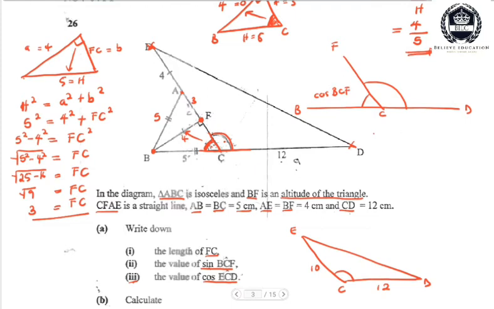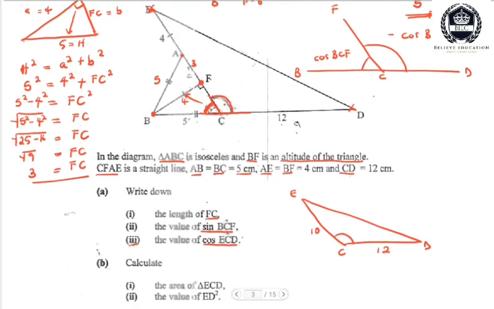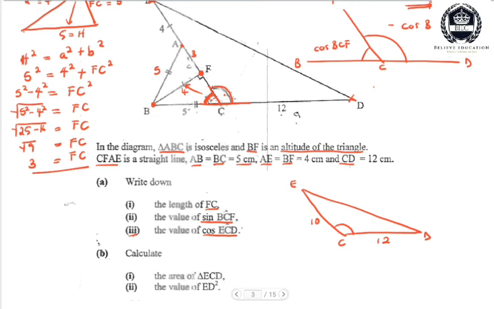So the cos of the obtuse angle will be negative, so it will be negative cos of BCF. So here we're asked, we had been given with our information, we've been given the values for this part, right? I'll put it again. So here then we have this one, that's B, C, F right here.